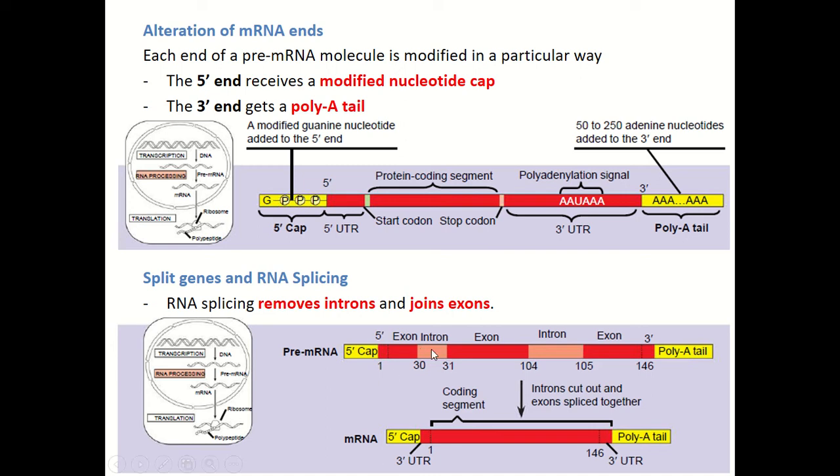However, the intron part does contain a genetic code, but the genetic code is not useful for the translation of the protein later. So what will happen? They will remove all this intron part and then join back the exon parts, thus completing the mRNA transcript that is ready for translation of protein.